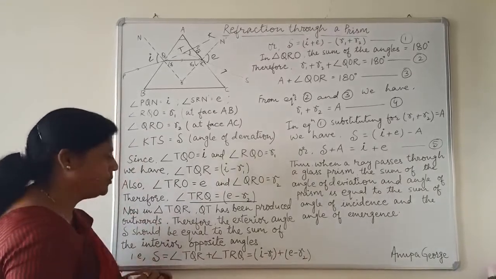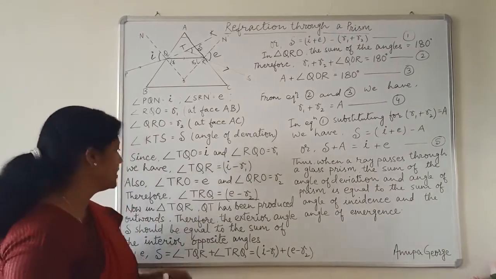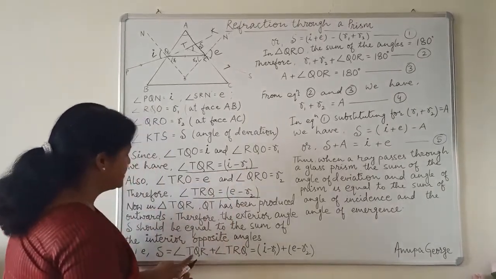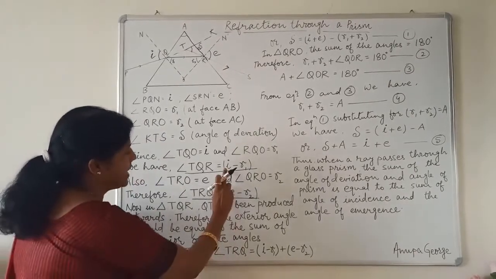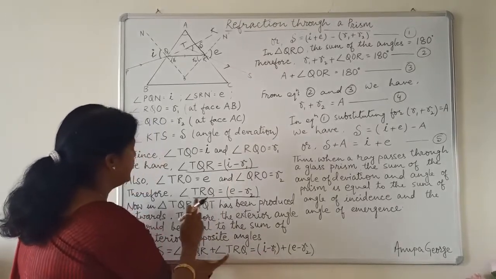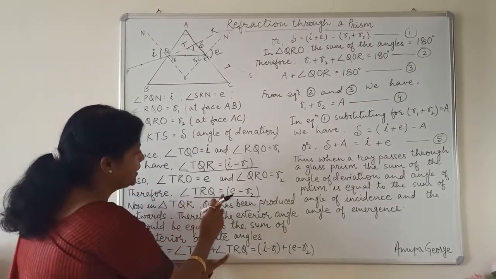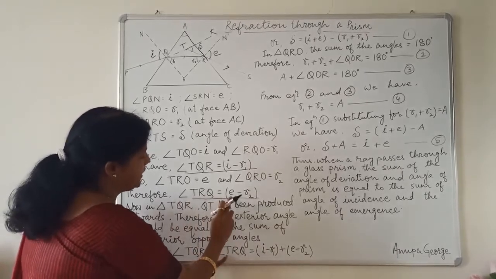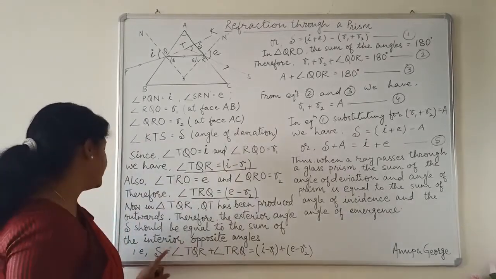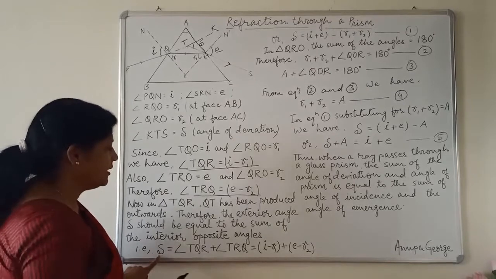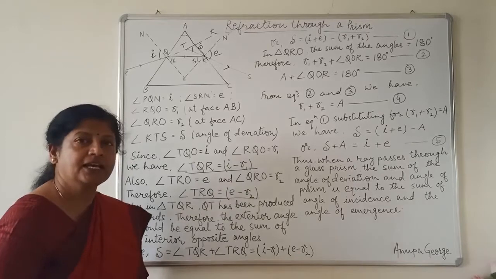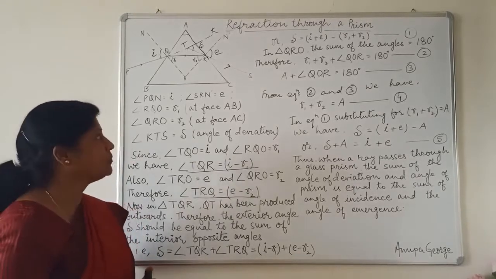From where are we getting these values? Since angle TQR is I minus R1, and angle TRQ is equal to E minus R2, substituting the values, we get delta is equal to I minus R1 plus E minus R2.